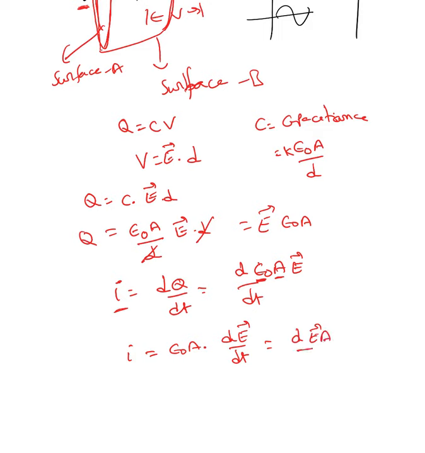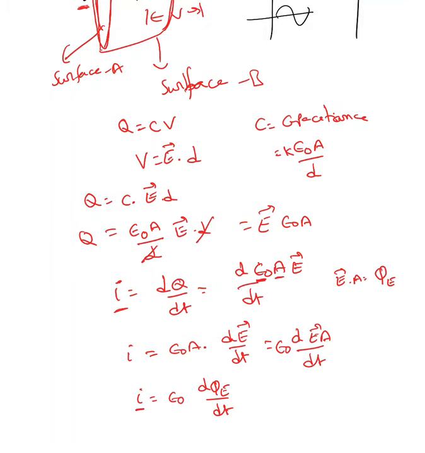Now, can I say E times A times cos theta is phi E, the electric flux? So I equals epsilon naught d phi E by dt.